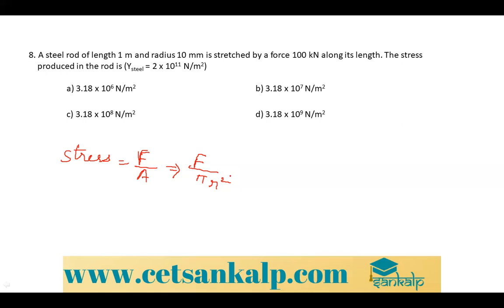Okay. So I hope you would have tried this, but don't use the calculator. Without the calculator you have to solve it. So you can see, F is 100 kilo, which means 100 into 10 to the power 3, the whole divided by, I can write pi as 3.14 into r, they have given as 10 mm, so 10 into 10 to the power minus 3 the whole square.